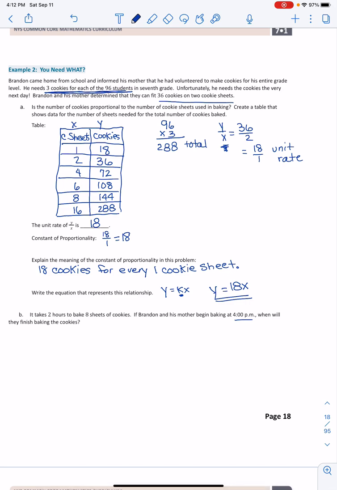Well, if they start at 4 p.m., and it takes 2 hours to bake 8 sheets, by 6 o'clock, they can make 8 sheets of cookies, which if we look up at our table, that's 144 cookies.